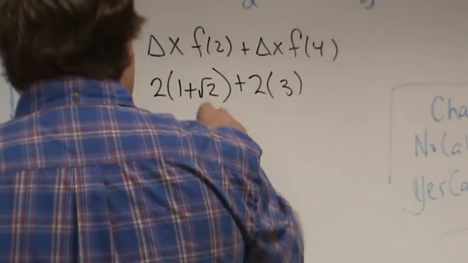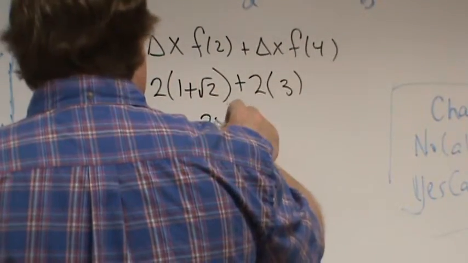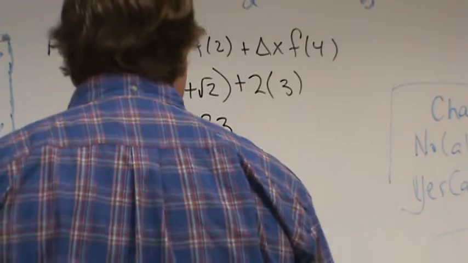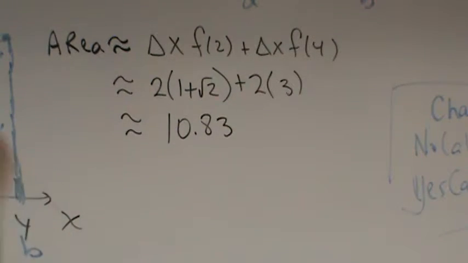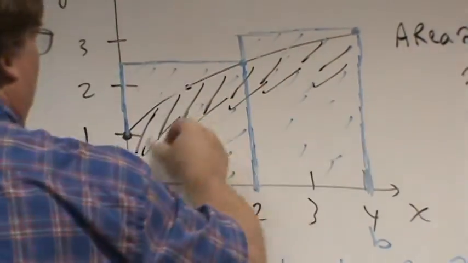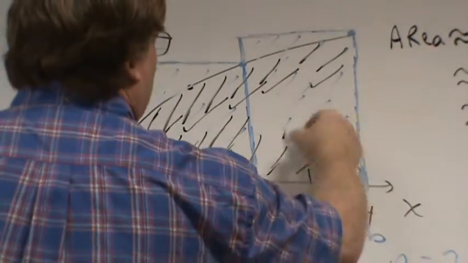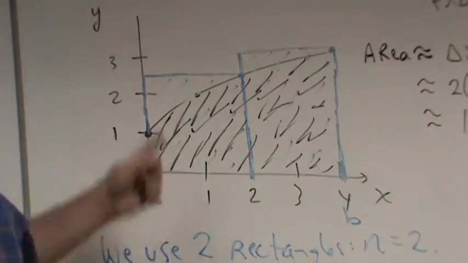So I get 10.83. That's what I'm approximating the area under this black curve to be, which, by the way, is this area here. This black area, I'm saying, is approximately equal to the blue area.